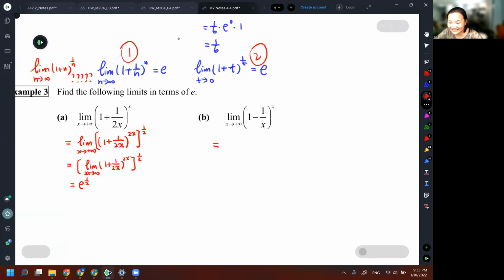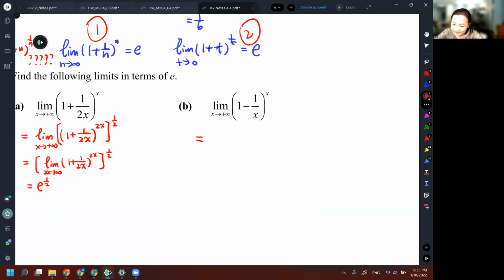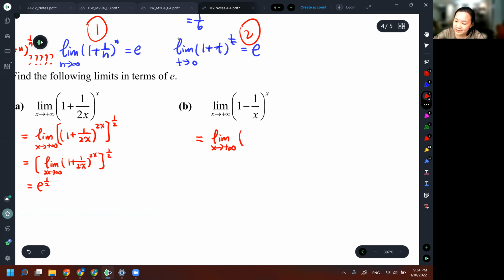Okay. And this is what I do. This is equal to 1. I will write it as x minus 1 divided by x to the power x.